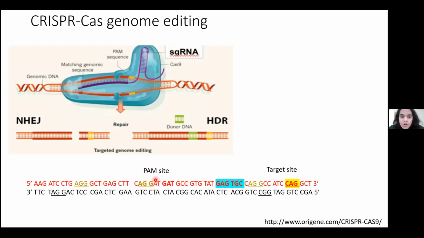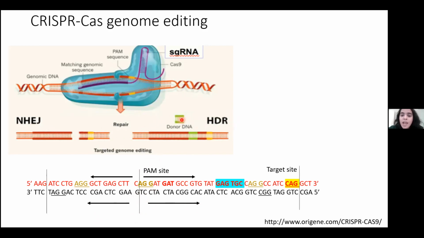So let's say your complex of Cas9 and single guide RNA is formed here, and the cut is made over here. And what happens is 100 base pairs on either side of the cut are chewed up by repair mechanisms, and this entire stretch is going to be removed. And once the stretch is removed, you have HDR, which is homology-directed repair, or NHEJ, which is non-homologous end joining repair.